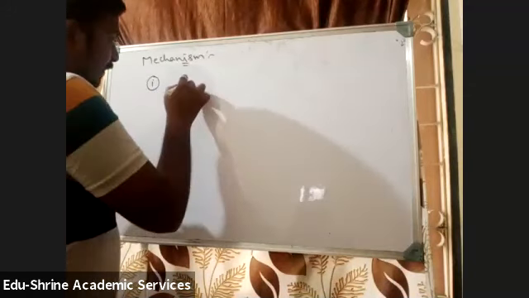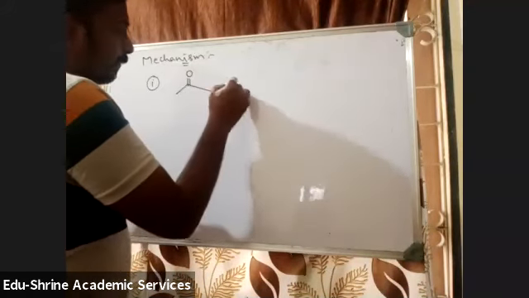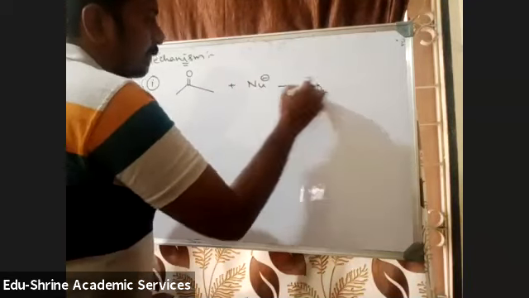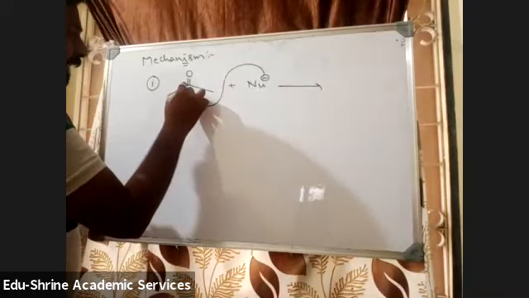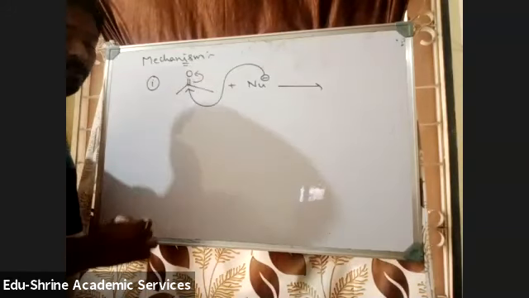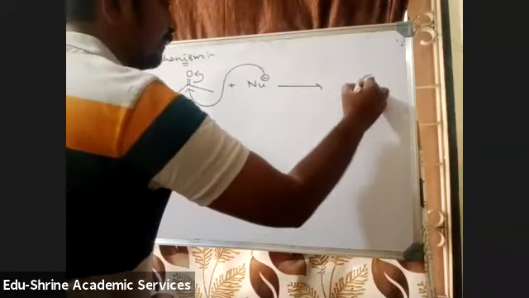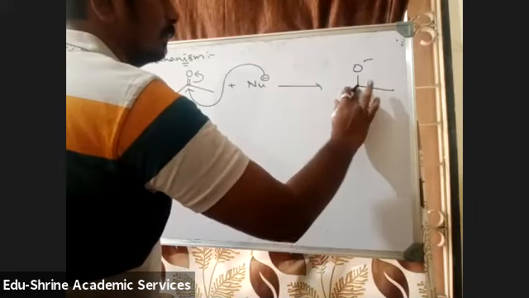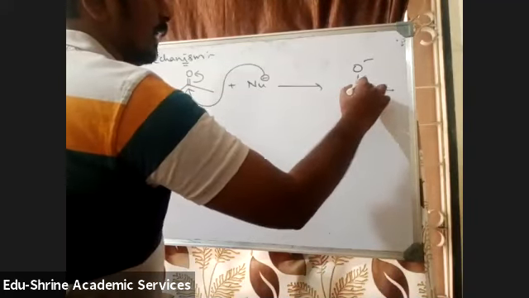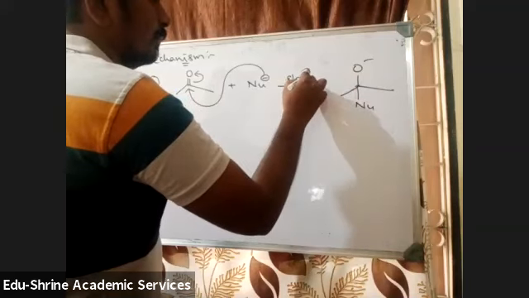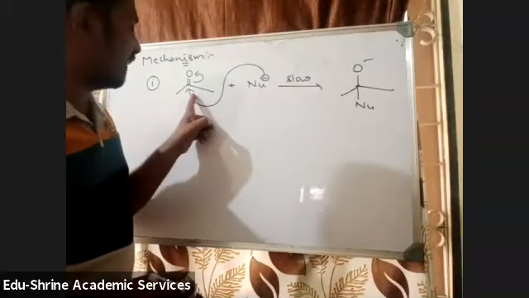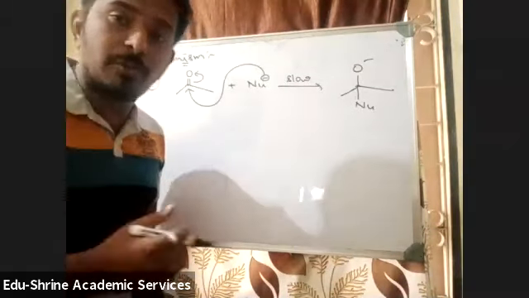In the first step, on this carbonyl group, you will have E plus and Nu minus. This Nu minus will attack the carbonyl carbon. The pi electrons get polarized towards oxygen, so you get this compound. And this will be the slow step. So in the slowest step, the nucleophile is getting added. That's why it is called nucleophilic addition.